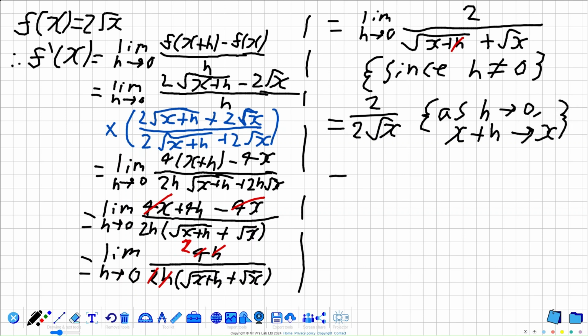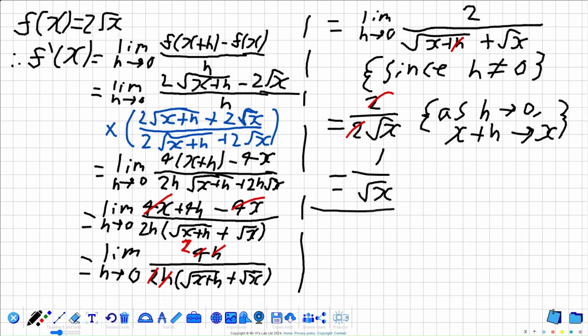And then we can evaluate that further, and we can just cancel those two values, and we can get a final answer of 1 over root x. So therefore the derivative of f(x) is just 1 over root x.